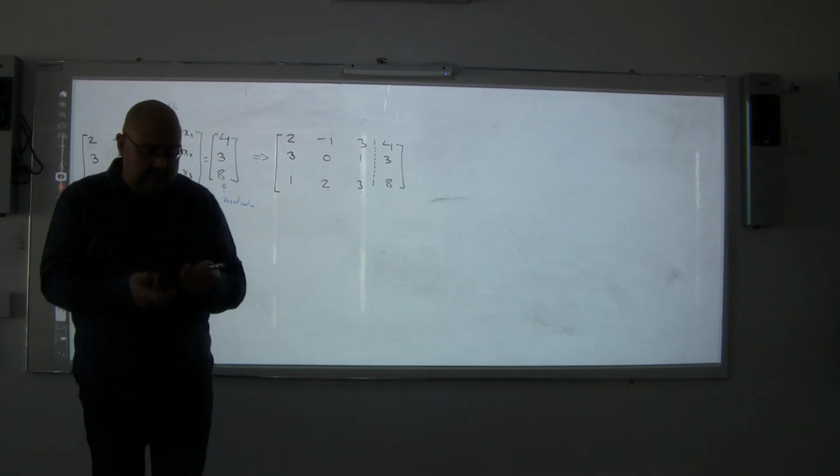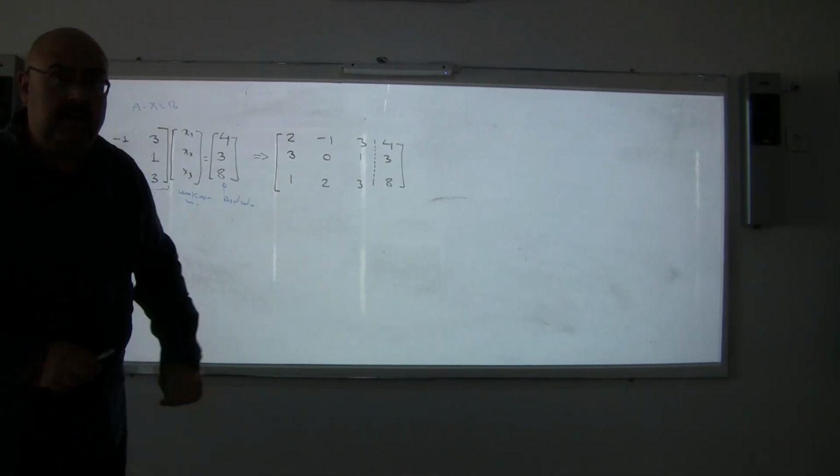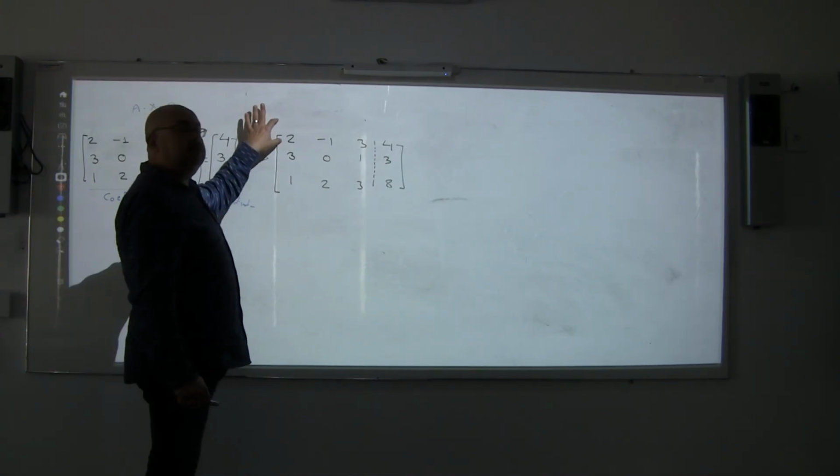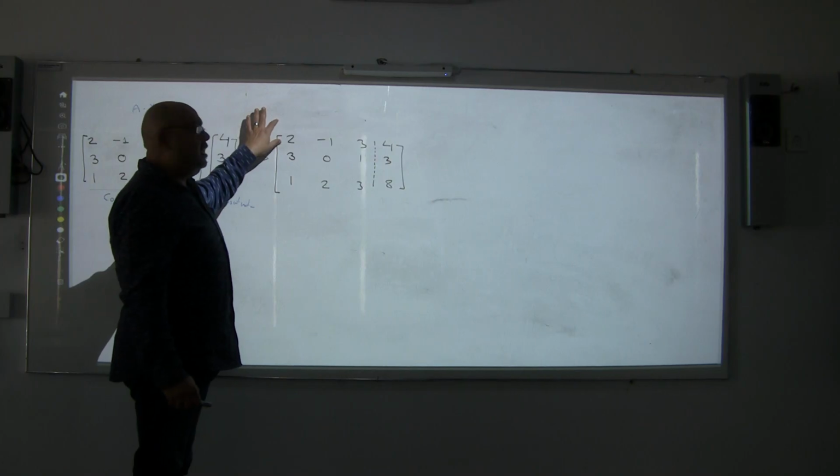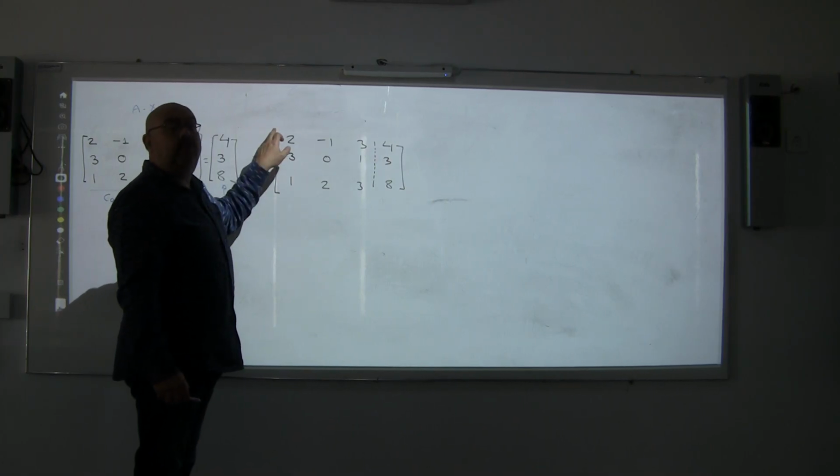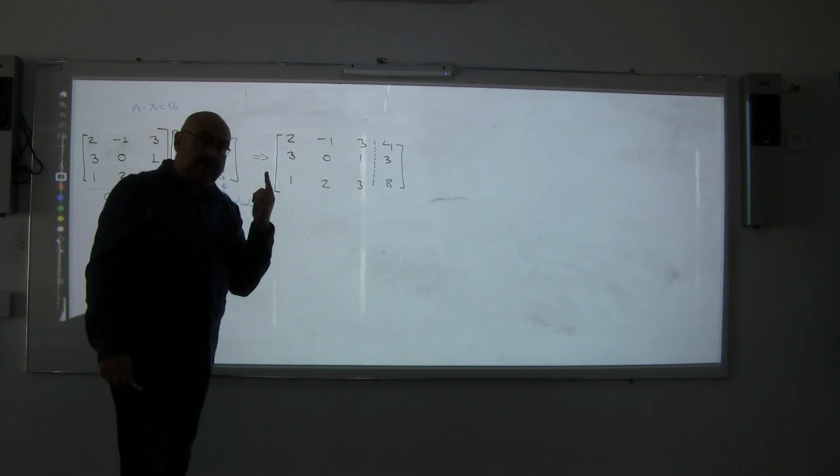So the first step is to focus on the pivot of the first row. What's the pivot of the first row? The element (1,1), and it should equal +1.